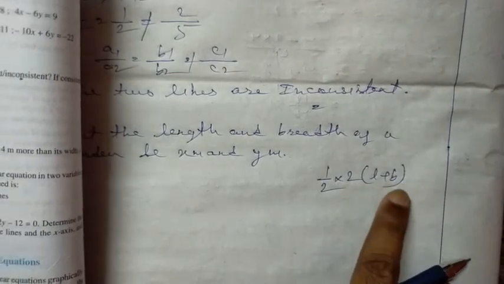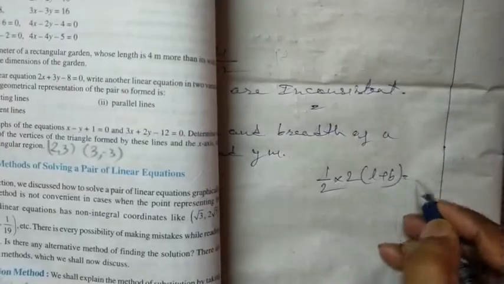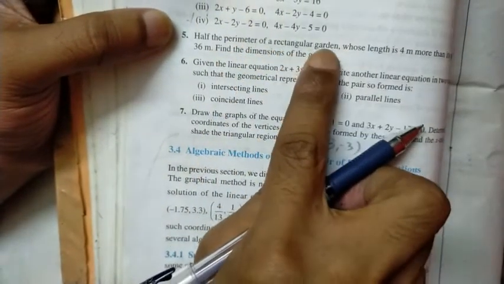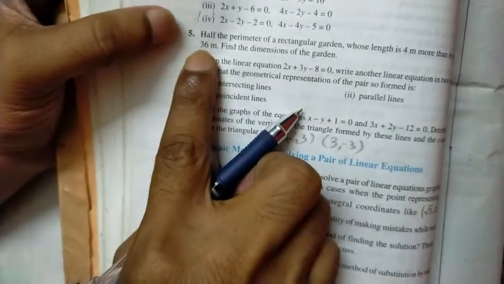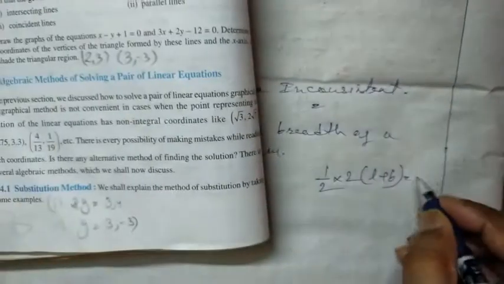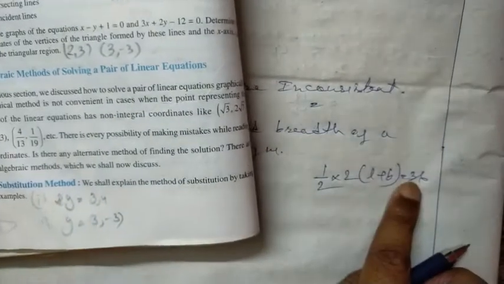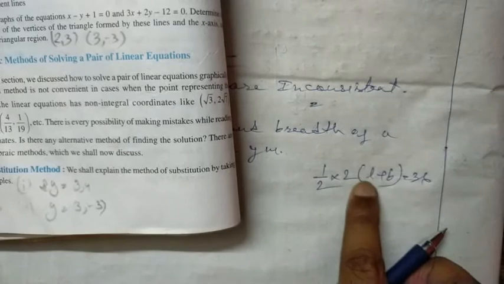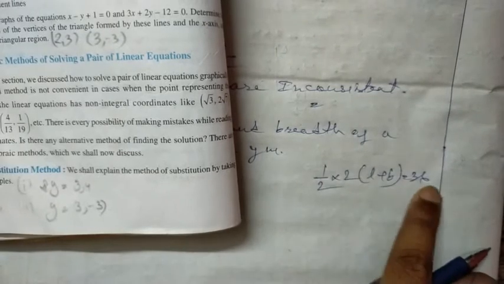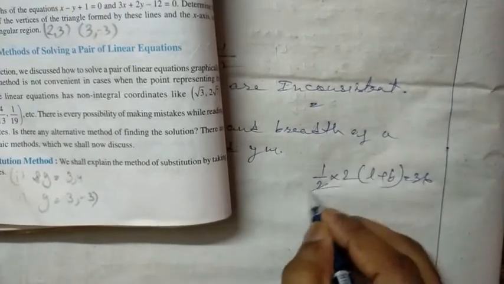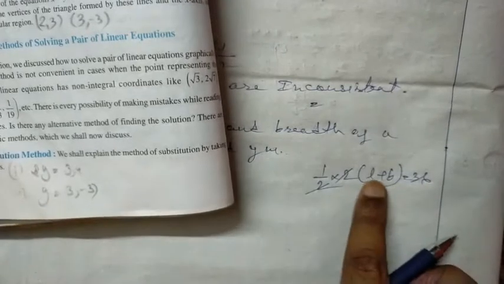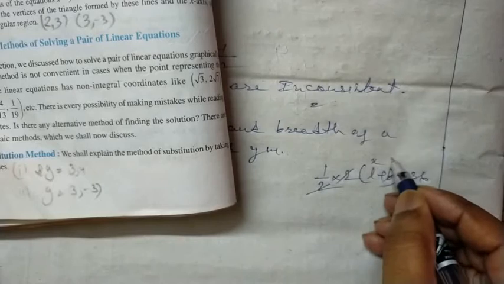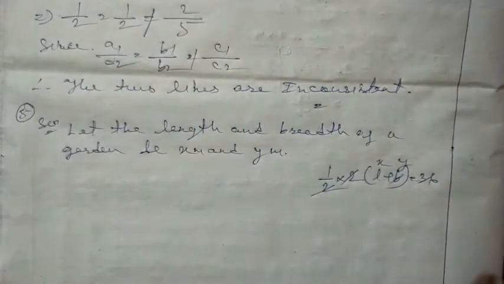Half into the perimeter of the rectangular garden is equal to 36. So here 2 I can cancel. In place of length I have taken x, and for breadth I have taken y. So what will be the equation?